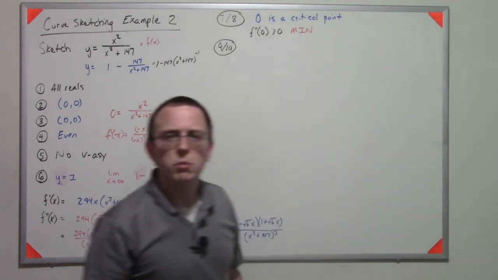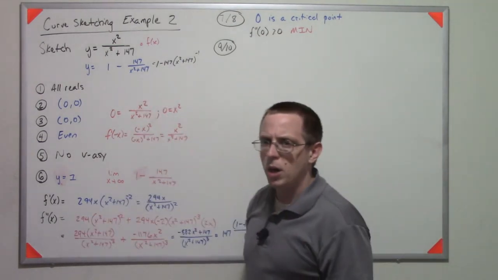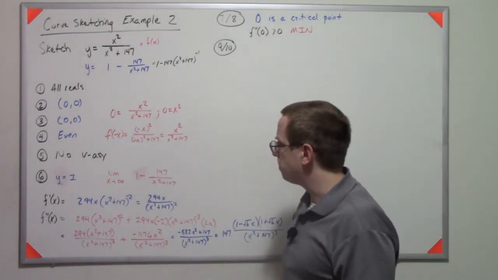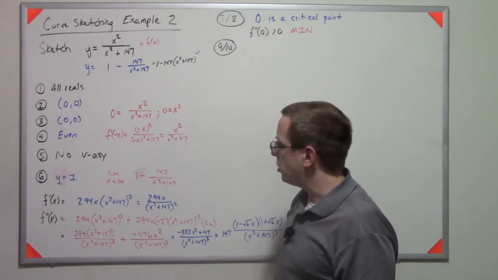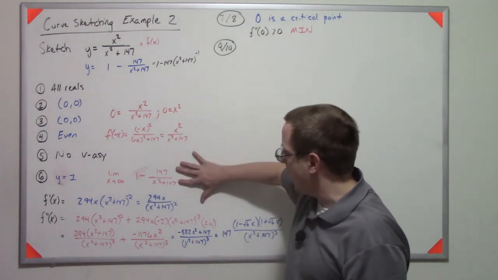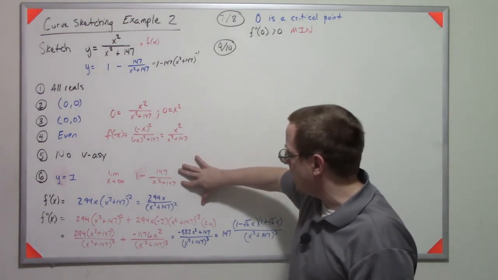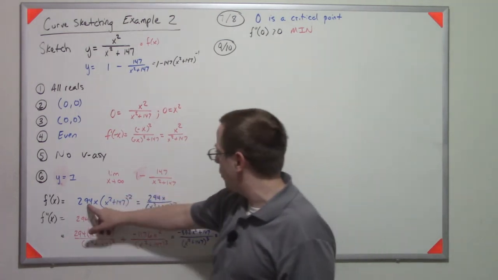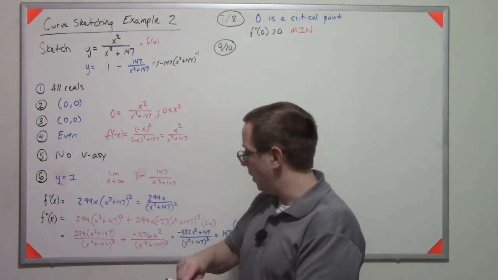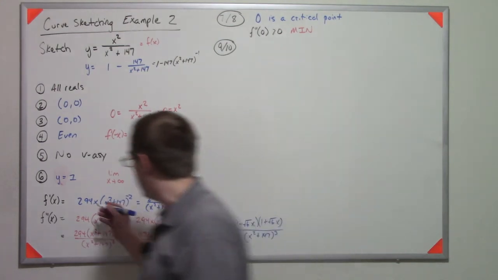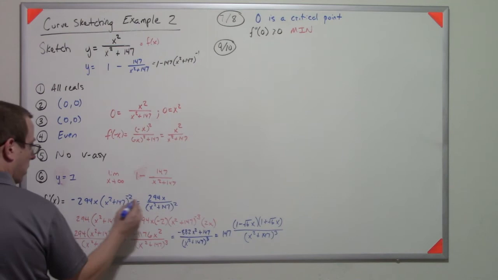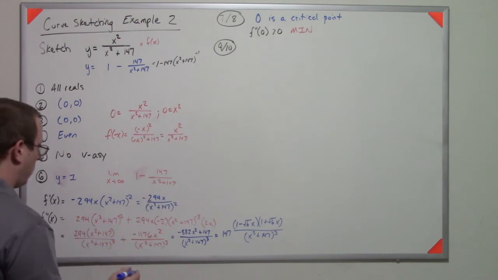So maybe I've done something wrong. I'm checking my cheat sheet here, and I want to make sure that I've done everything correctly. Now I had a negative here, and that's a problem because I didn't carry that negative. I didn't carry that negative here. All right, I didn't carry that to there.